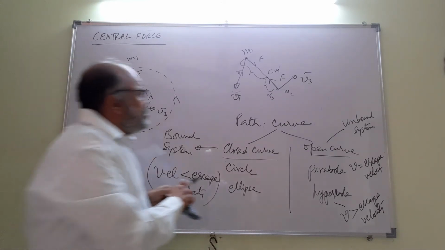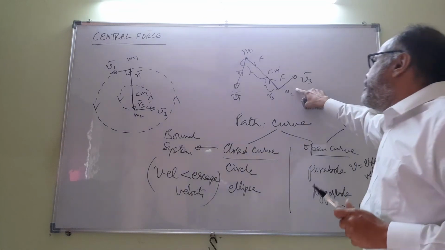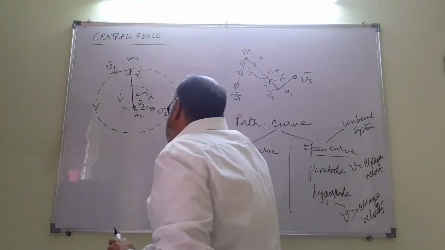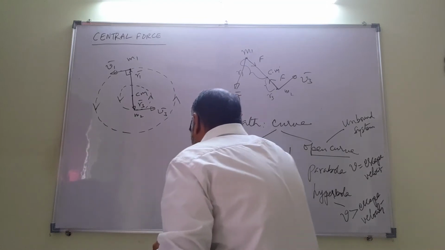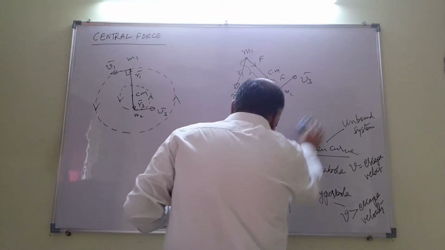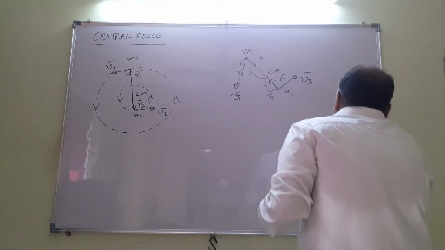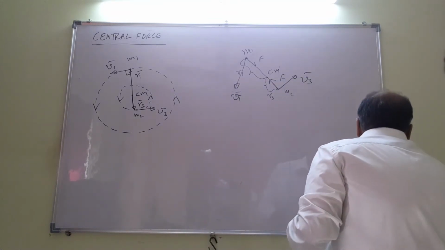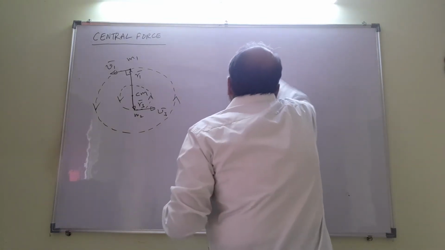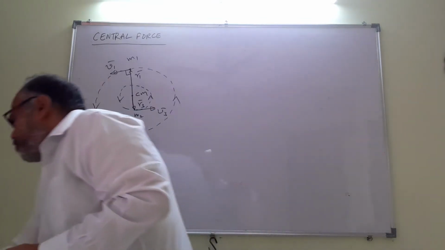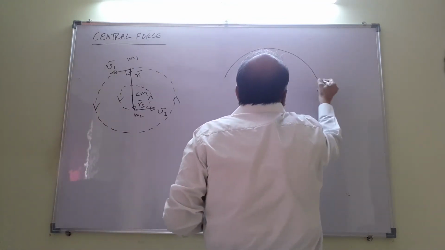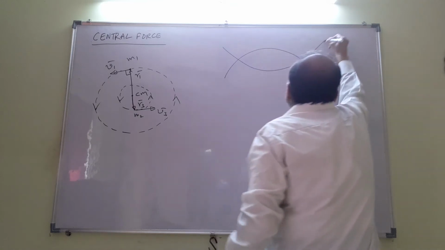If the velocities are something like this, that is, they are not perpendicular, then you have a situation where the path could be a parabola like this.